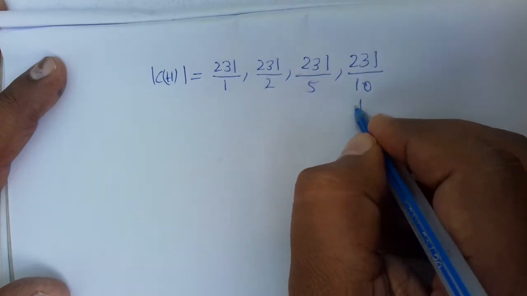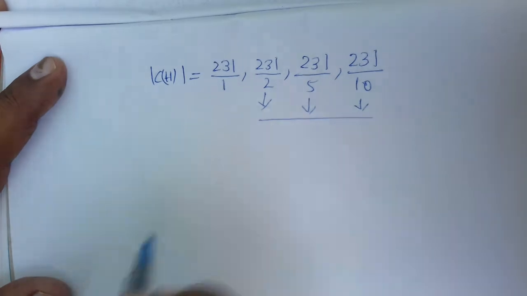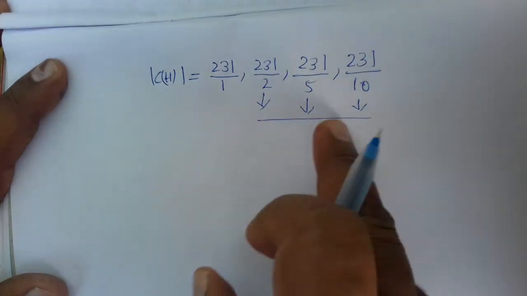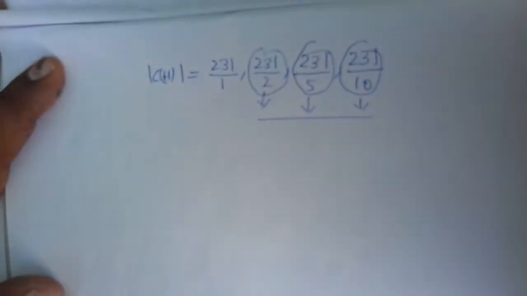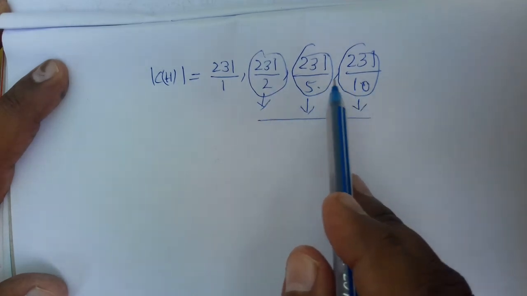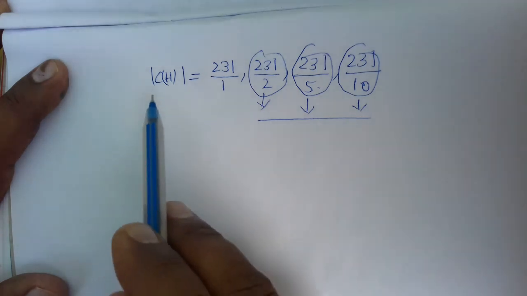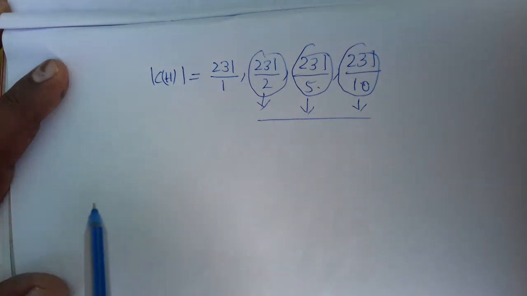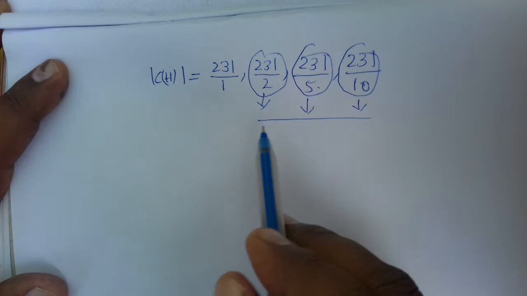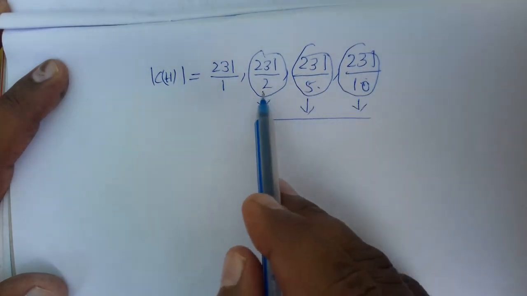You know that these three are invalid, because these three are not natural numbers. We know that CH is a group, so its order should be a natural number. So these three are not natural numbers, so they are invalid.